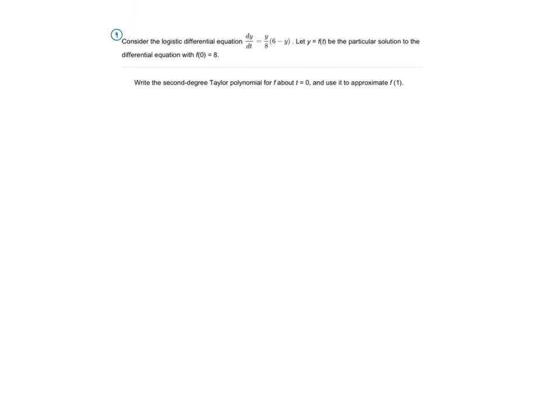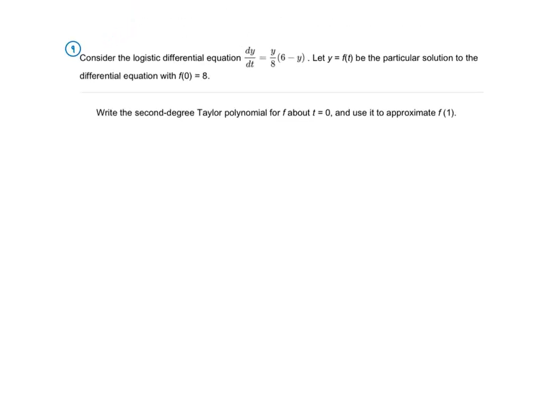Okay, for this one, they say consider this differential equation, and then let y equals f of t be the particular solution to the differential equation. Then they want you to write the second degree Taylor polynomial for f about t equals 0, so kind of like a Maclaurin series, and then use that to approximate f at 1.